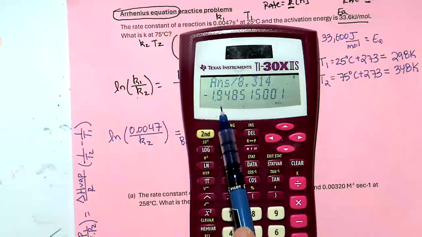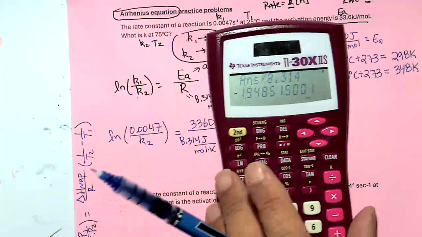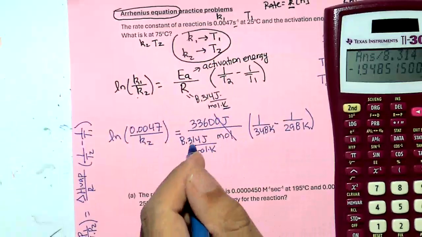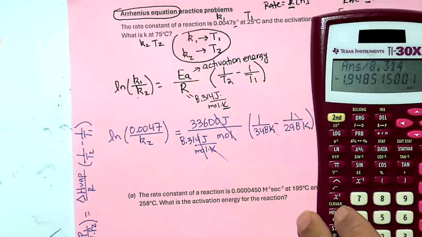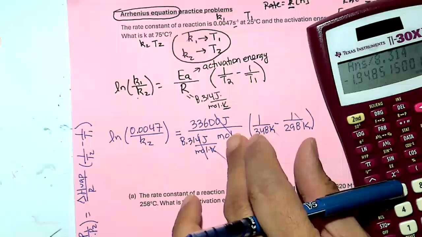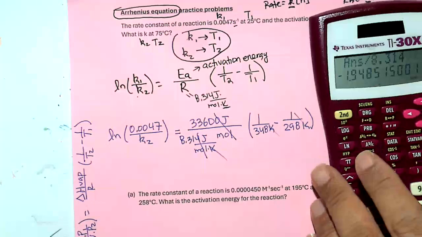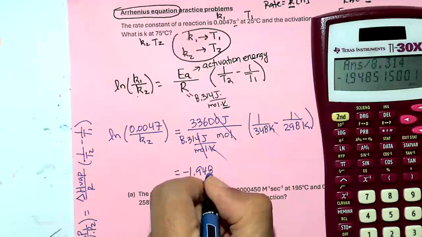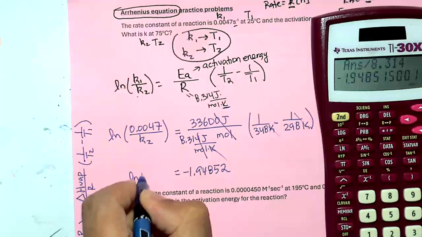I'm getting minus 1.9485, so I am going to put some extra digits in there. Either way, the units all cancel out. The joules, mole, Kelvin will cancel out with those Kelvin. So this whole block of math, this fraction minus this fraction multiplied by this, divided by that, gives me 1.9485. I'll put some extra digits there too.